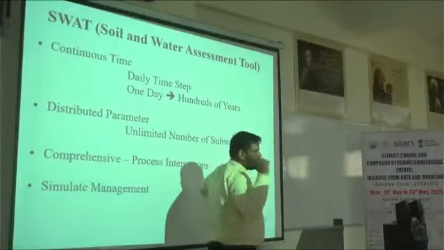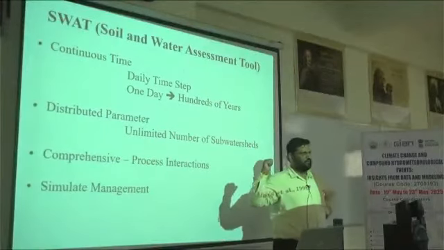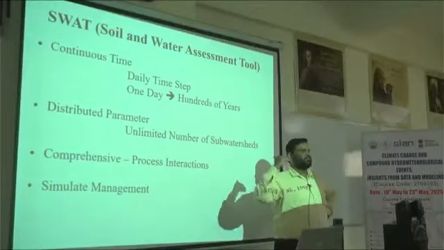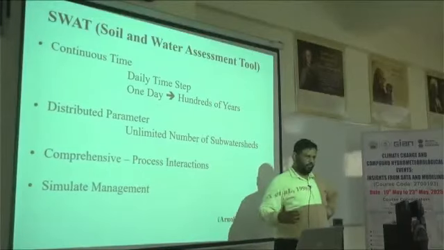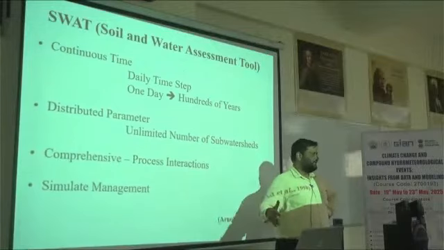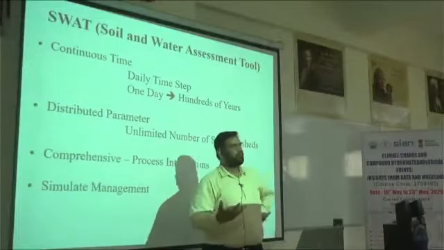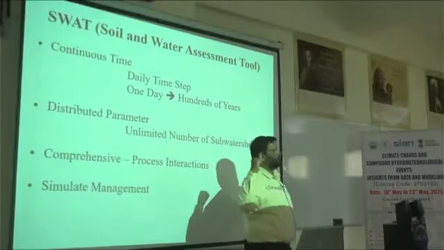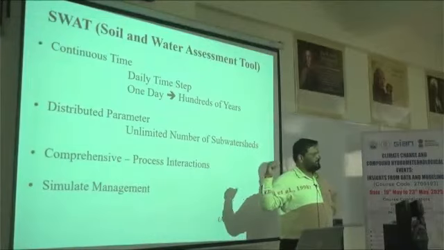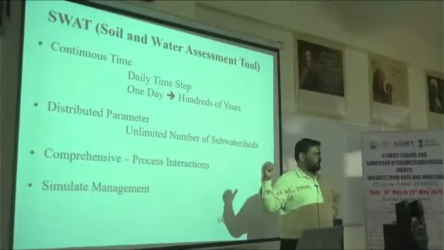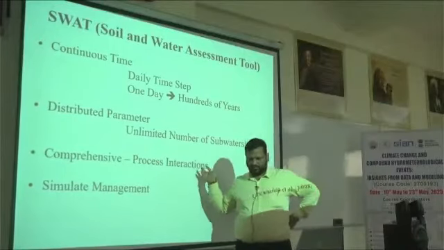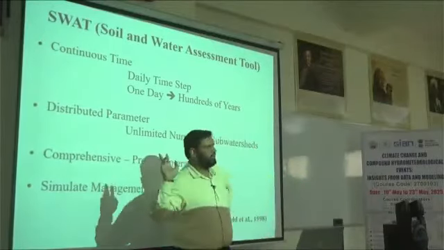But in this particular model, we have to provide land use information, soil type information, slope information, as well as the weather data. So whatever processes are taking place within our catchment, we have to provide all the information to this particular model. That is why it is one of the most widely used software in the field of hydrology.